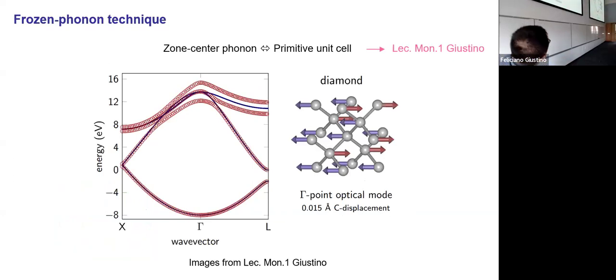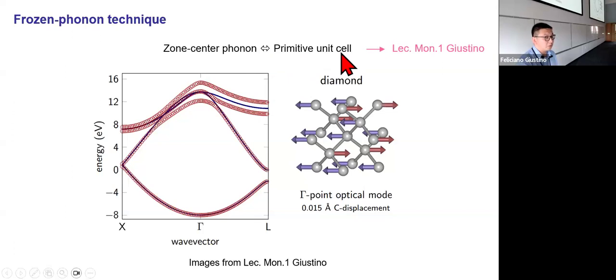This has also been mentioned by Feliciano in his lecture: naively, we can just move the atoms and see what the changes in the electronic structure are. Then we can try to extract electron-phonon coupling information. This is an example of diamond, where if we want to see the electron coupling to a zone-center phonon, that's relatively straightforward.